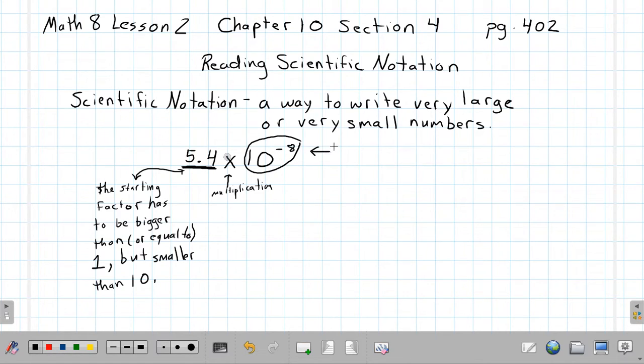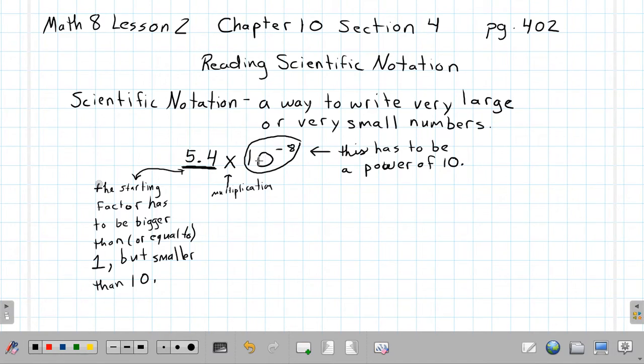And then the second part after the multiplication, so I'm going to circle this part here. This part, or the second set of factors, always has to be a power of 10. Okay, so what that means is having a power of 10, that means the base, what your exponent's being raised to, has to be 10.